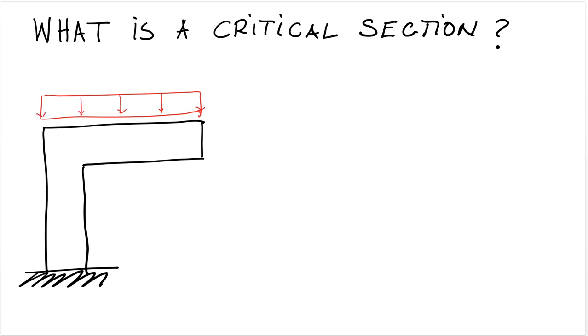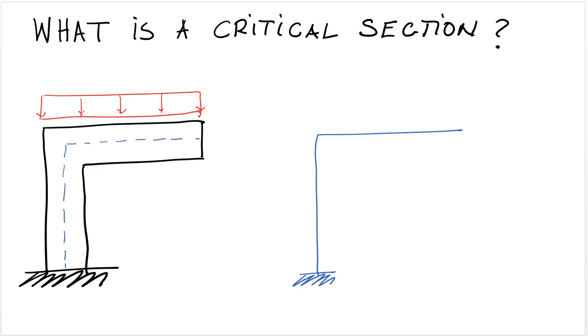When we draw the structural model for this member, we're going to go with the center line right here, and we're going to end up with something that looks like this.